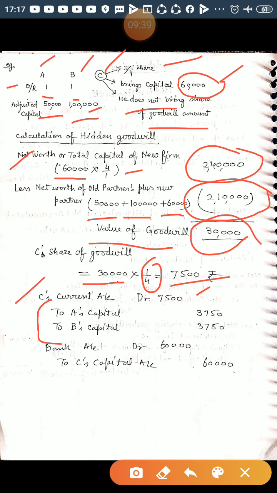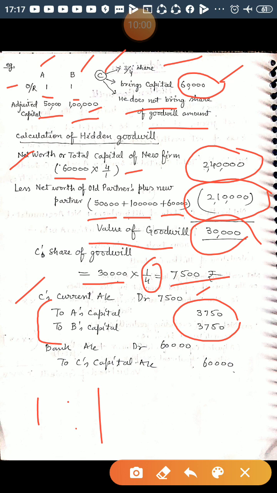So A and B definitely surrendered their share in favor of C in their old ratio. So the sacrificing ratio is also 1:1. So this 7,500 will be credited to the old partners in their sacrificing ratio, that is 1:1.